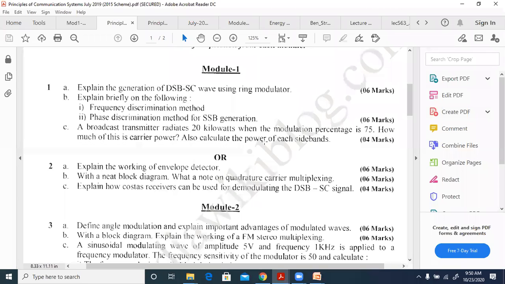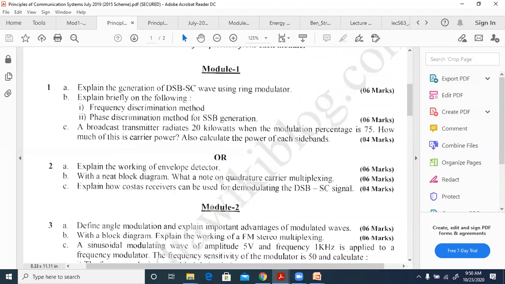So PC is equal to 20 divided by 1 plus 0.75 whole squared by 2. And the value of each of PLSB and PUSB will be equal to 0.75 squared divided by 4 multiplied by the value of PC, whatever is calculated above.